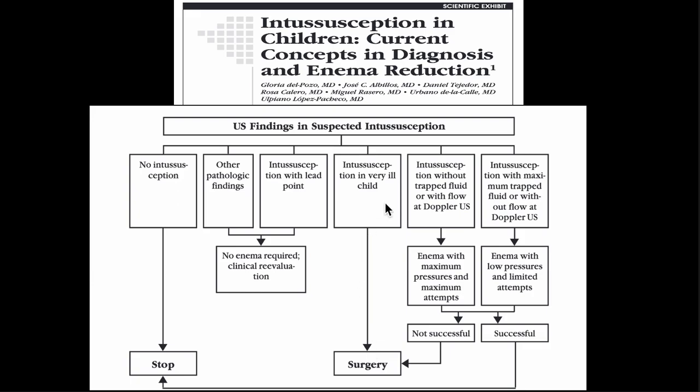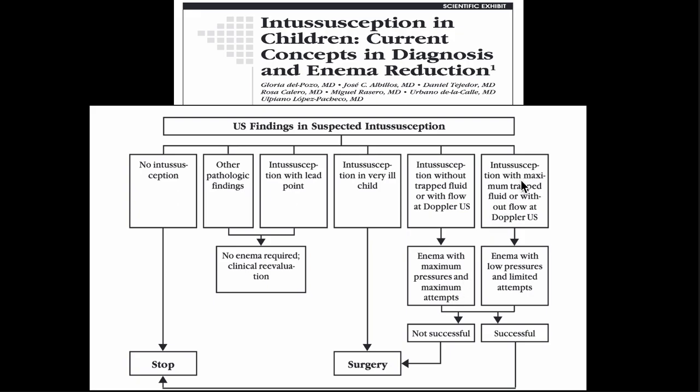It is very difficult to do it under ultrasound guidance: intussusception without trapped fluid or with flow at color Doppler ultrasound. So if everything is as per the planned thing, and as a radiologist, as I told you, those 8 points, if all those 8 points are within normal limits, then enema or hydrostatic reduction with maximum pressure and maximum attempts can be done.